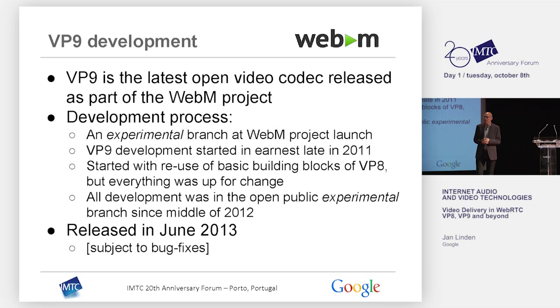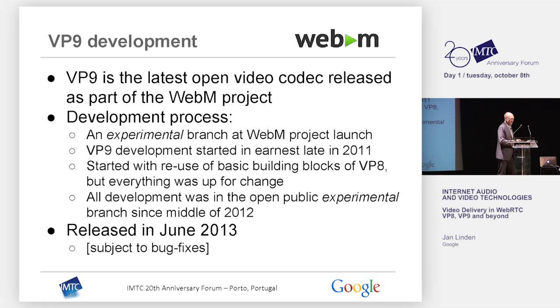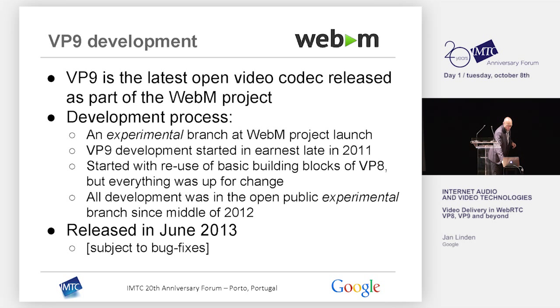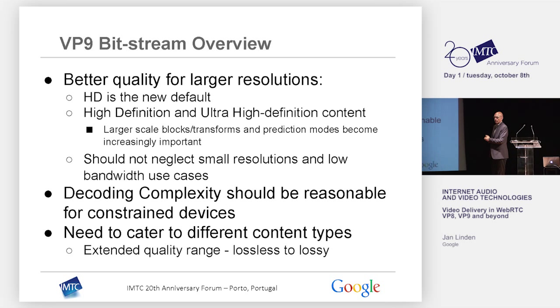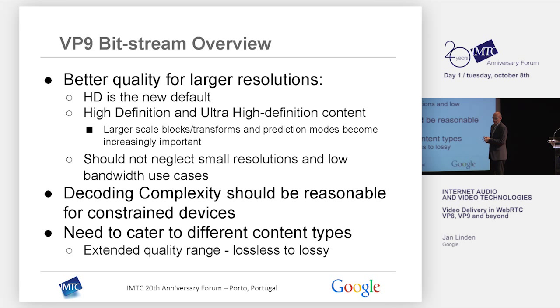Then in late 2011, we started focusing a little bit more on a new codec, and in the middle of last year, that's when we said, okay, now let's build a new codec. We started putting pieces together, and the release was in June this year. Since then, the bitstream has been frozen, so you know now that a decoder will work with any encoder that fulfills the spec in the future.